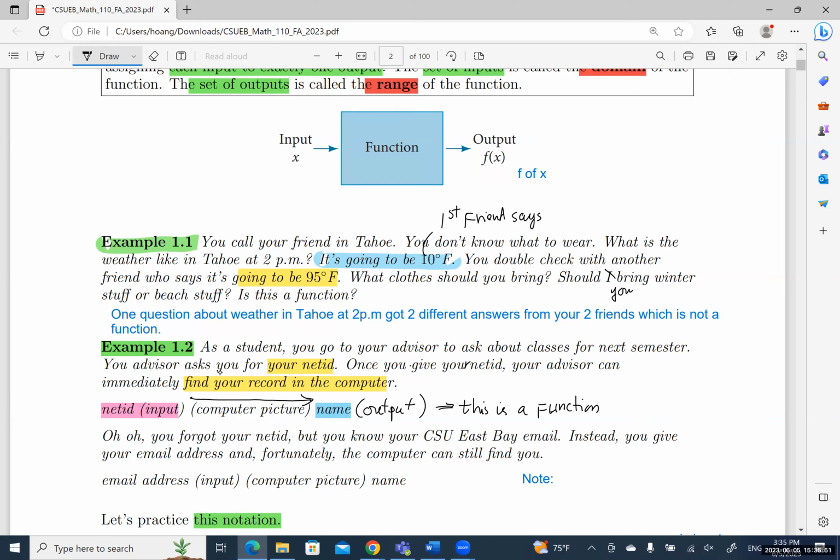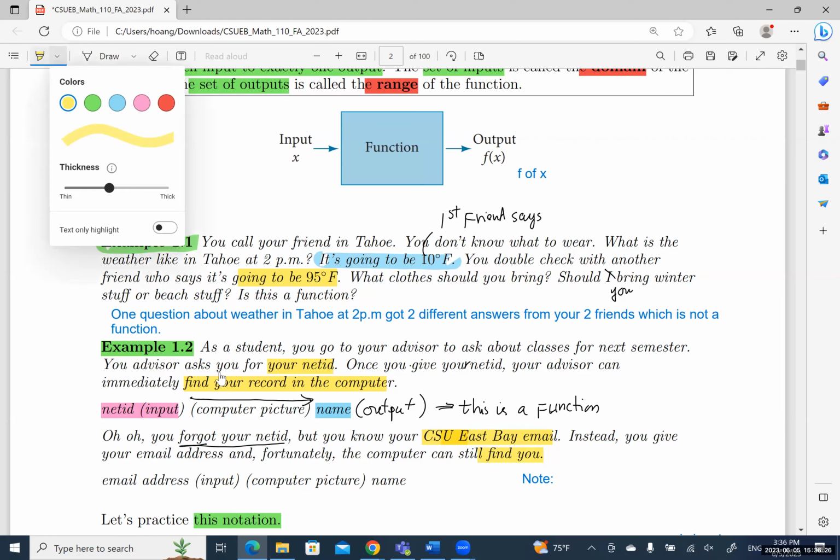However, sometimes it happens that you forgot your net ID. What happens then? But you know your CU email. So you provide your email address, and the computer can still find you. What does that mean?